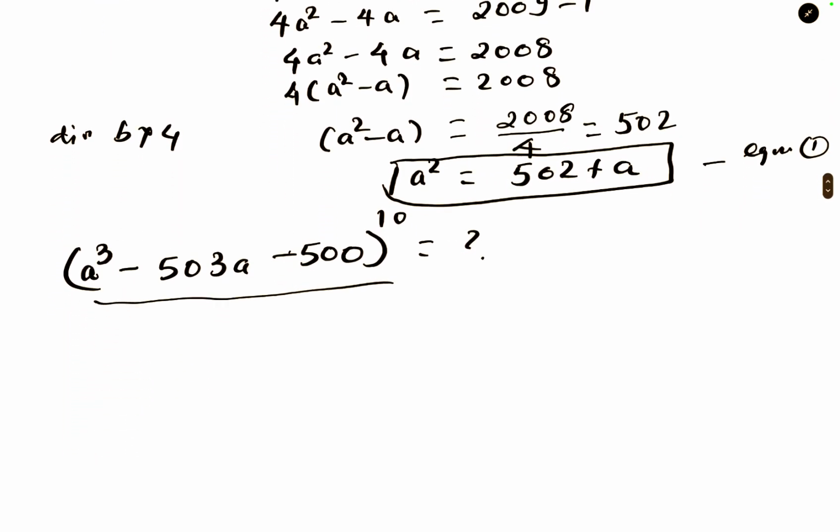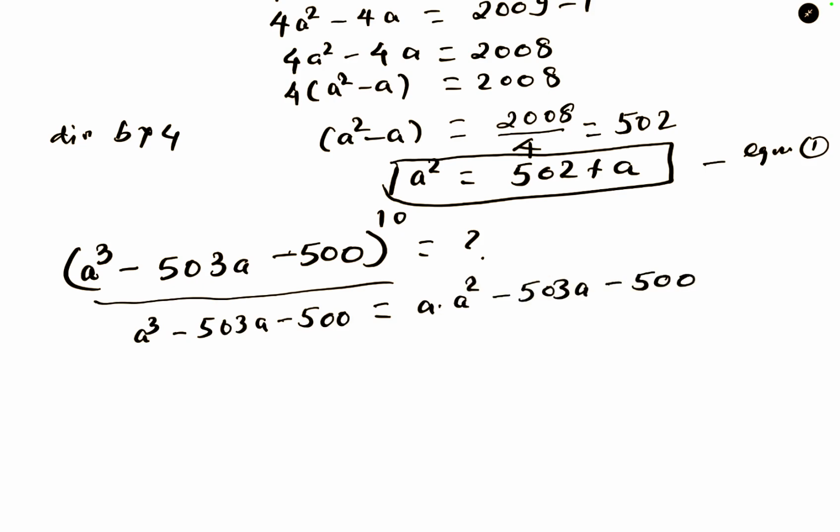Now coming to this, a cube minus 503a minus 500. Let us find out the value of this expression under the bracket. So a cube minus 503a minus 500 can be written as a into a square minus 503a minus 500.